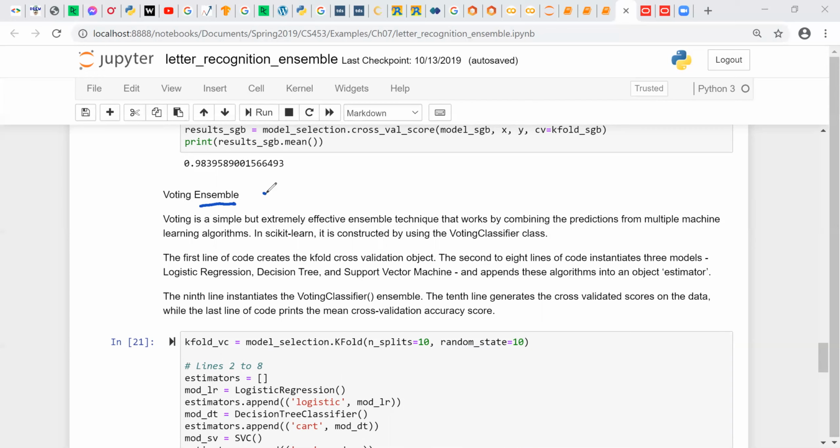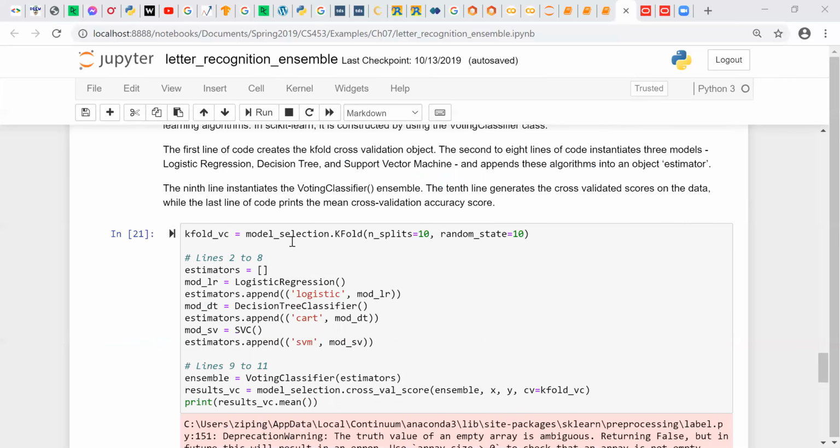You can also allow multiple learning algorithms to work together. That's what over here we are going to see.